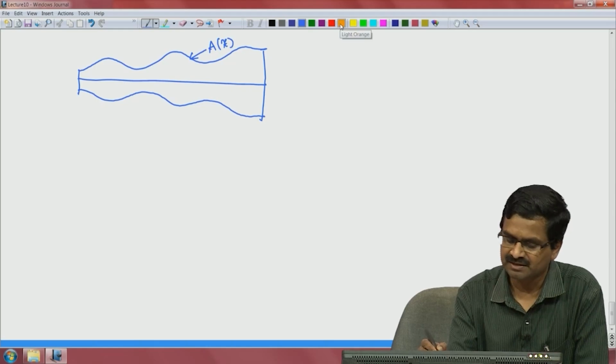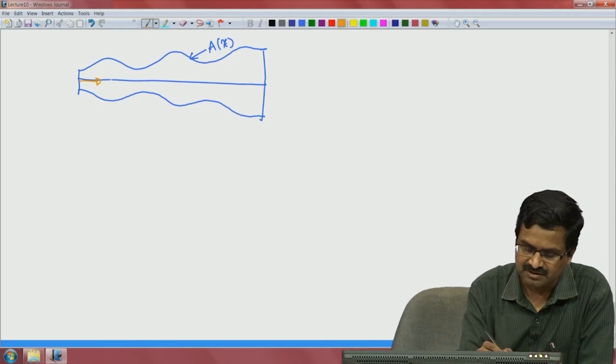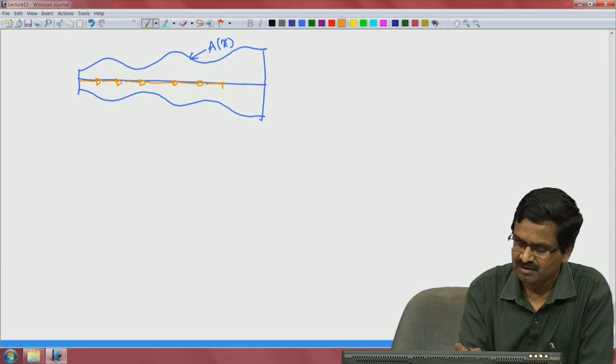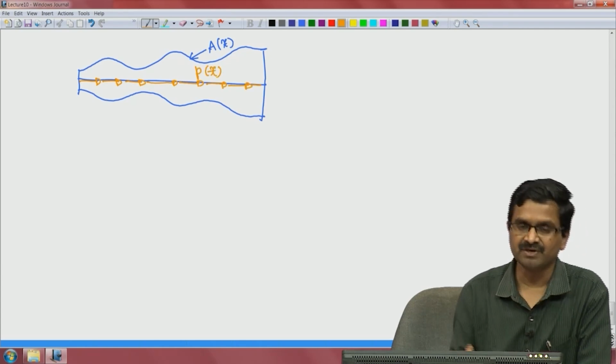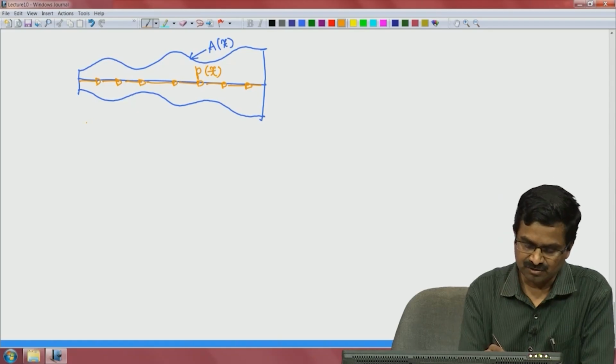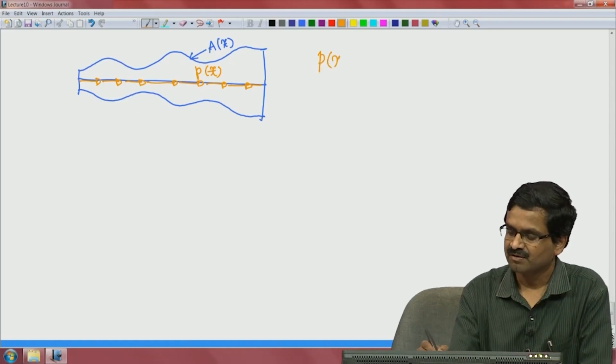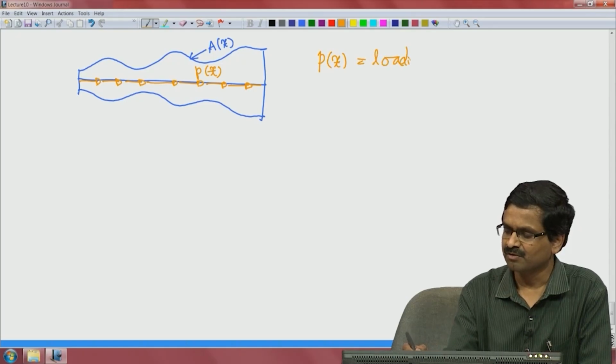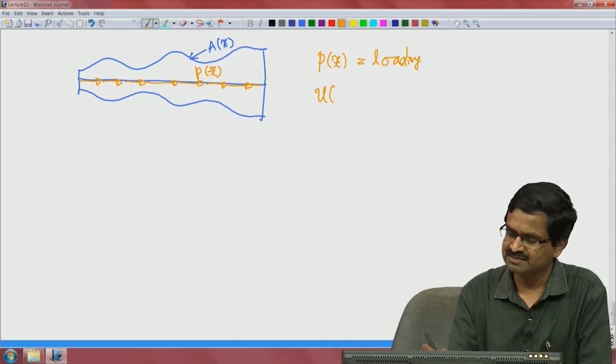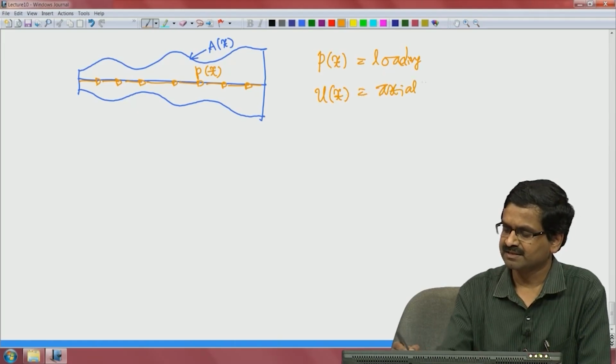Let us assume that there is some loading that is given on this. Every point there is some loading, which we say is a function of x. So, p of x is loading. Due to that loading, we will also have axial displacement u of x.